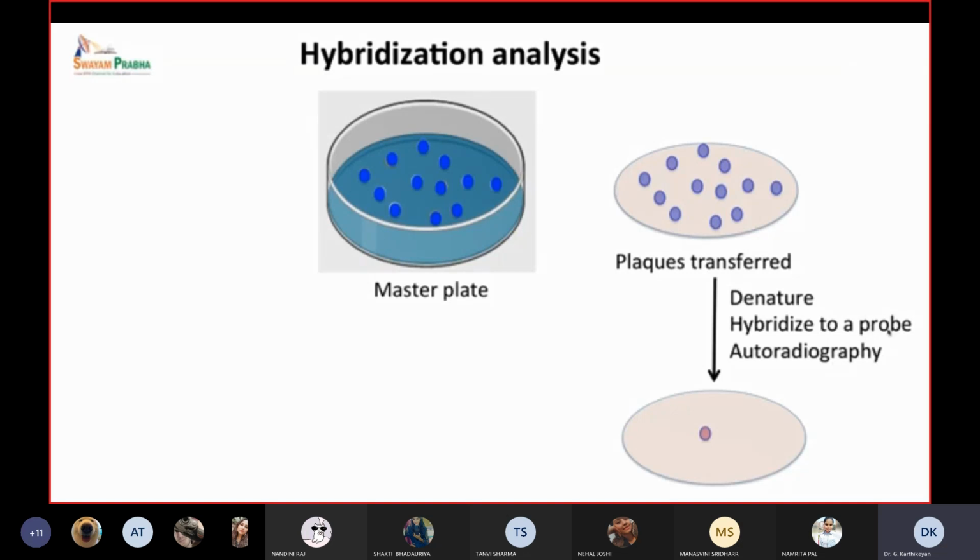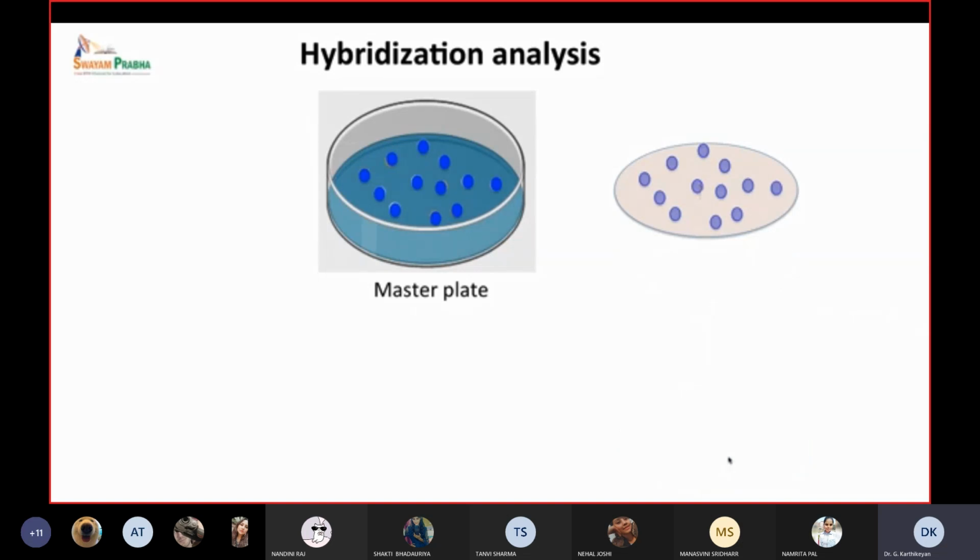Nowadays you can also use a fluorescently labeled probe, and you develop it on a film, photographic film, or a phosphorimager. Then the probe will hybridize to whichever plaque contains the gene of interest. So supposing one plaque lights up on your autoradiograph, so this will be one signal, and most likely this is the one.